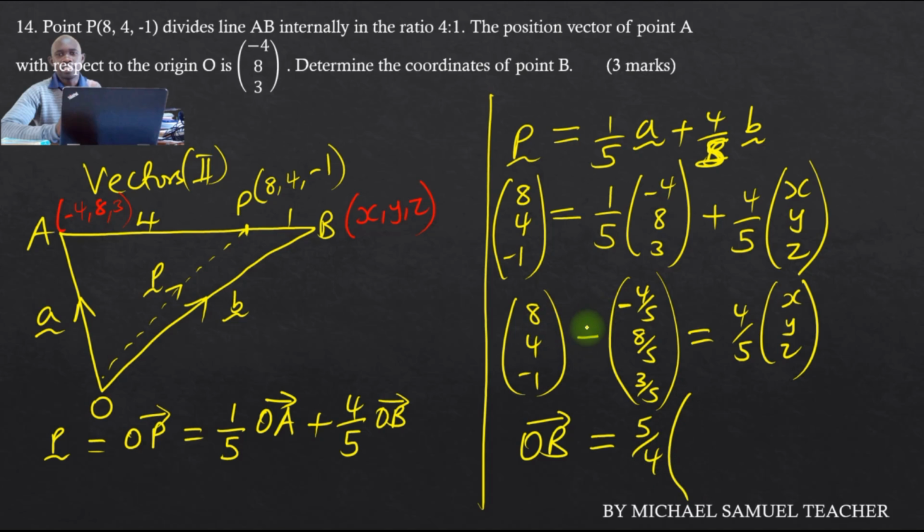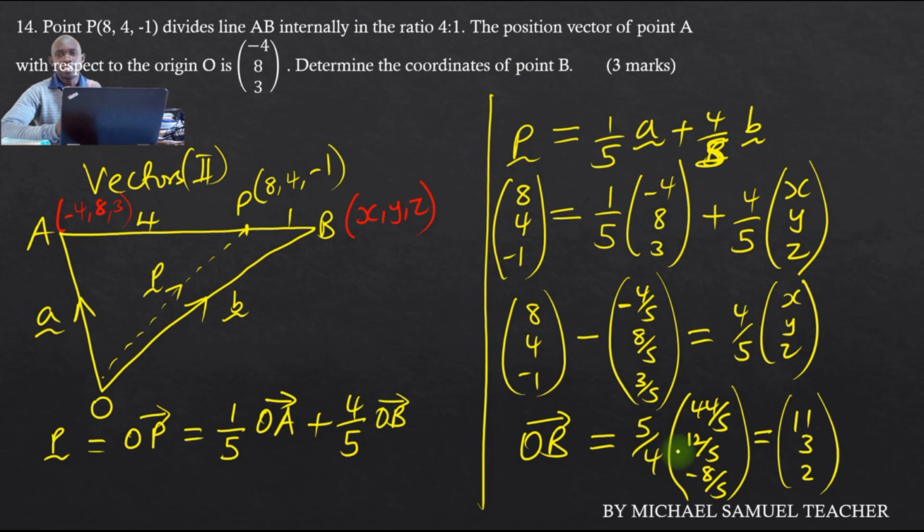We get 8 plus 4 over 5, that will be 44 over 5, then 4 minus 8 over 5, that will be 12 over 5, and then minus 1 minus 3 over 5, that will be minus 8 over 5. So we end up getting (11, 3, -2), multiplying through by the scalar.